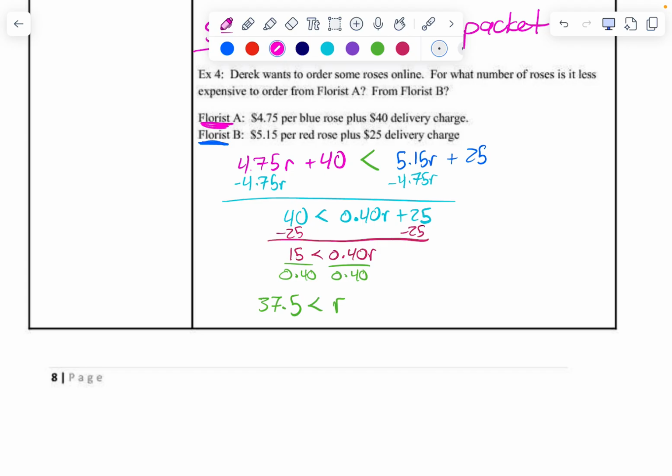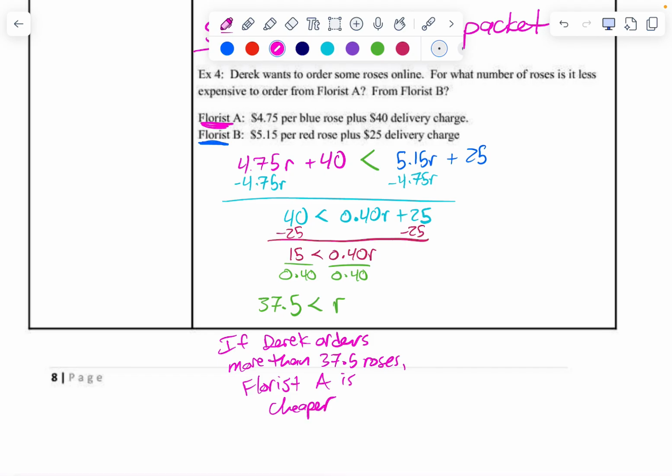Or florist A. So you started us off good. Please write this on your papers, everybody. If Derek orders more than 37.5 roses, but you can't order half a rose, florist A is cheaper.